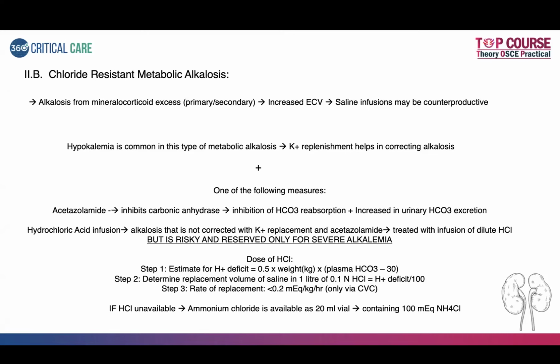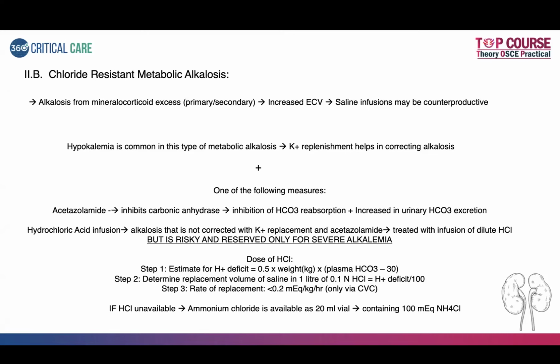But it is a very high risk medication and it needs to be reserved only for patients with severe alkalemia with symptoms. So the dose of hydrochloric acid is calculated as follows. For step 1, we need to estimate the H plus deficit. You calculate it with the formula 0.5 into body weight into (plasma bicarb minus 30).